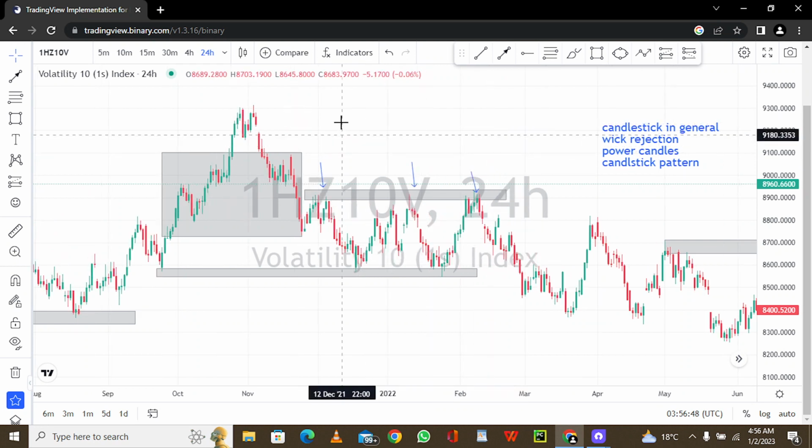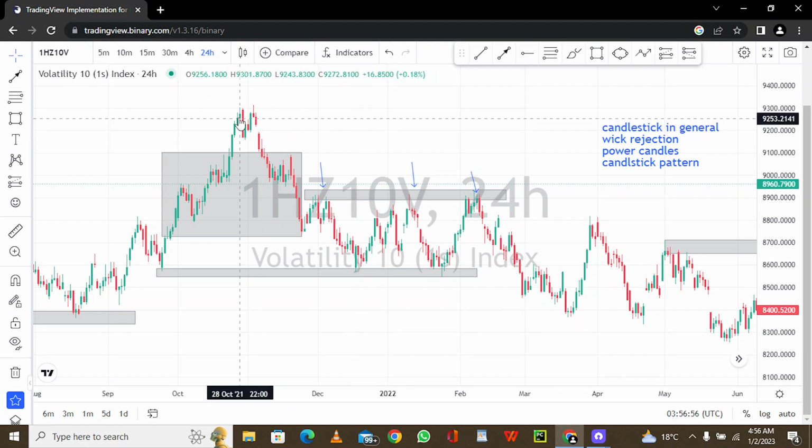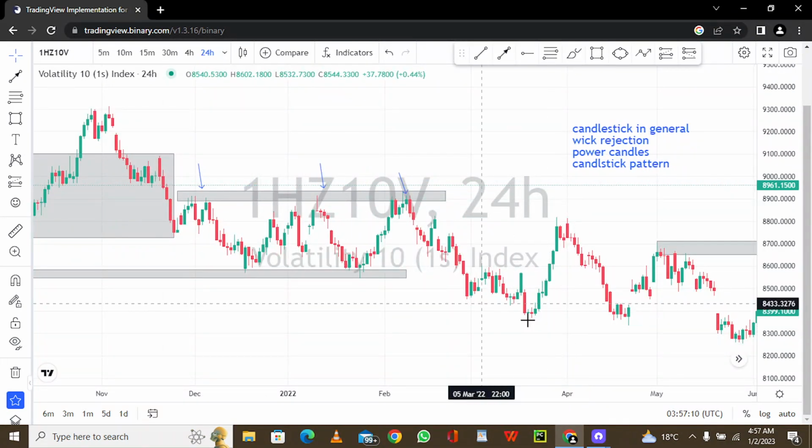So what do I mean? I will give you an example. Look at this place. This is an example of an inside bar. I will show you another one like the bullish.